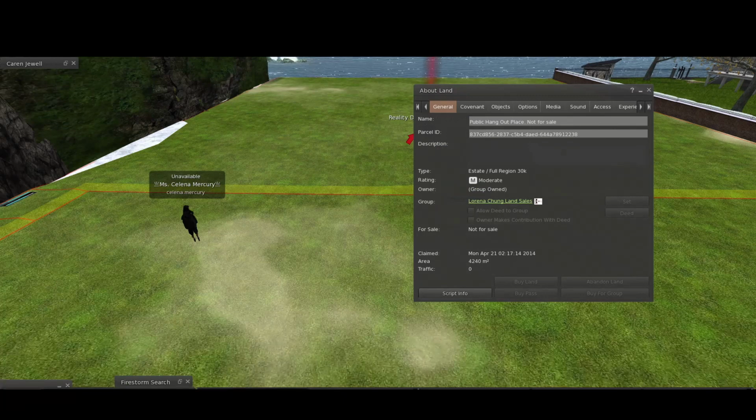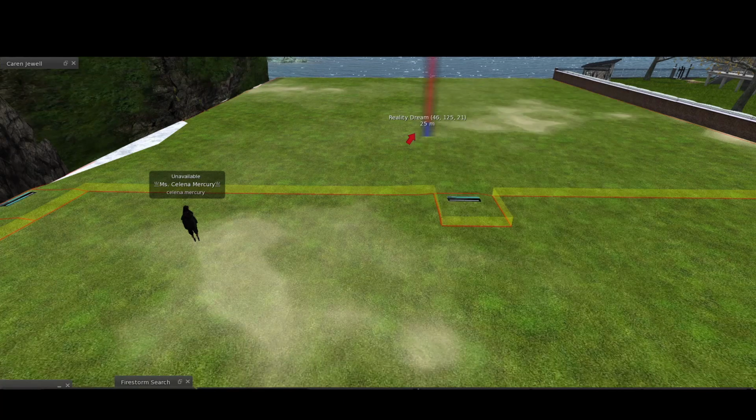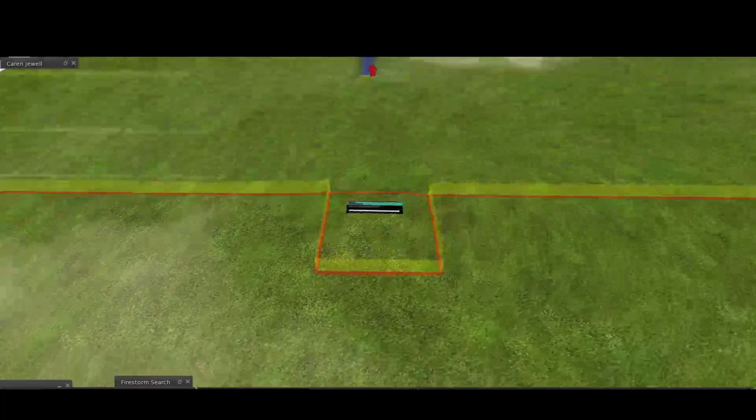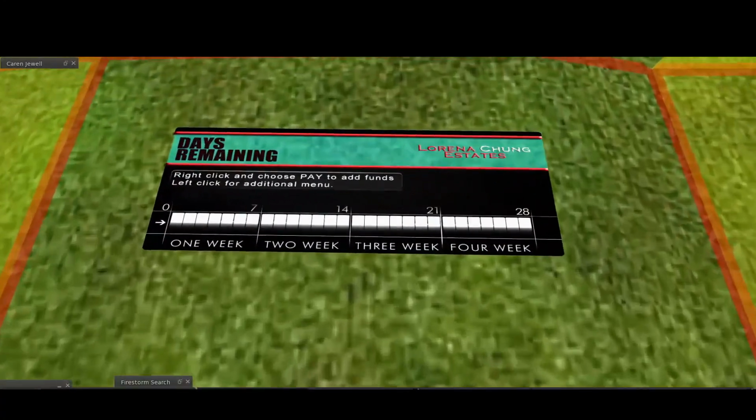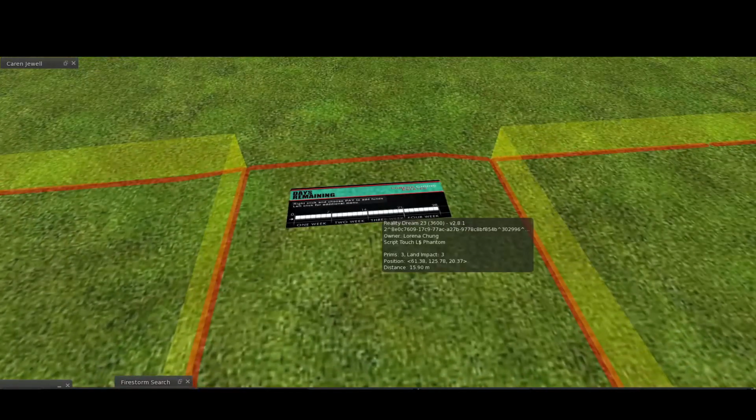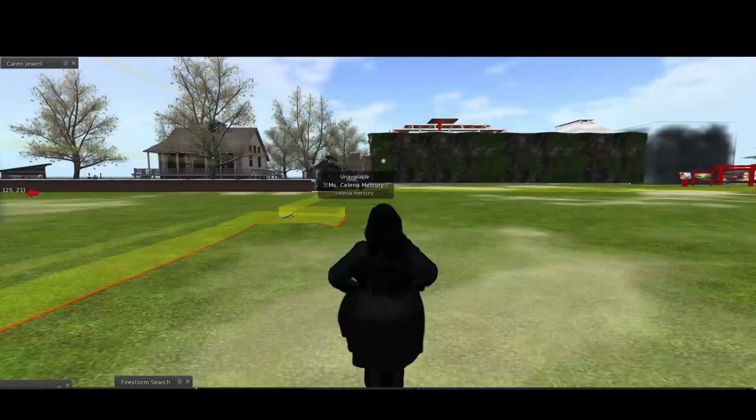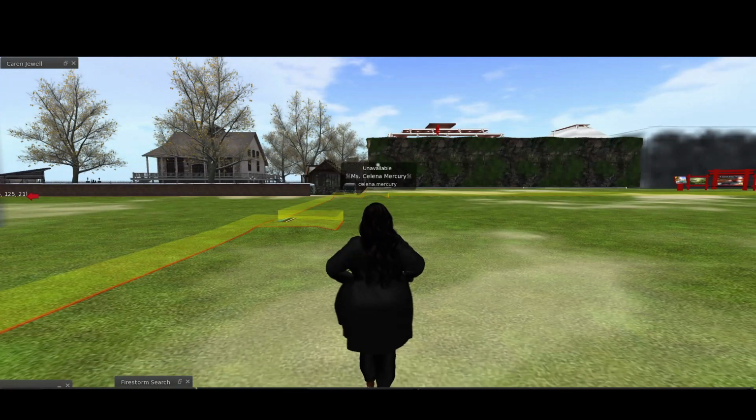Thus, our tier box. Again, nothing wrong with that. But if you're looking to actually buy land, paying kind of like one would a mortgage, this is not what you want. So make sure that whenever you go to buy land, you're actually buying it. This applies for most mainland.